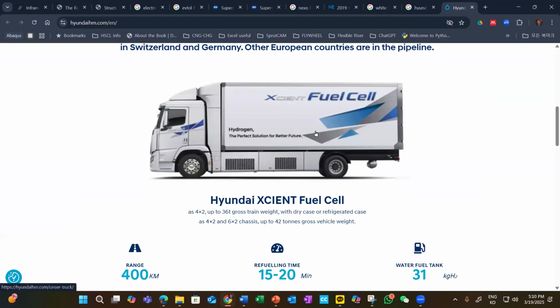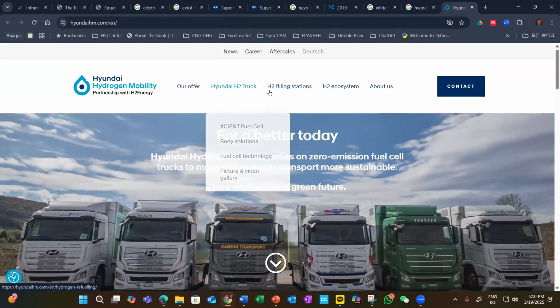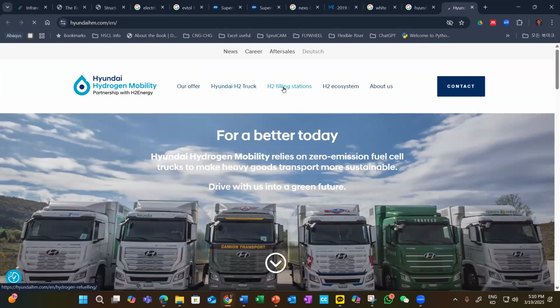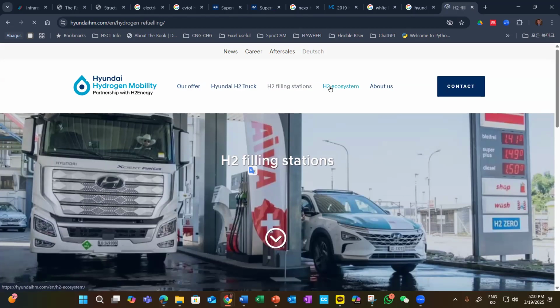Xcient is a fuel cell truck, and also while the infrastructure of a filling station is important, and the H2 ecosystem.